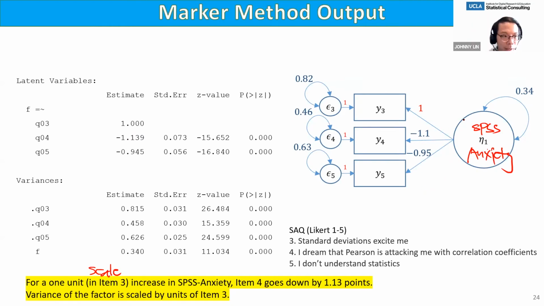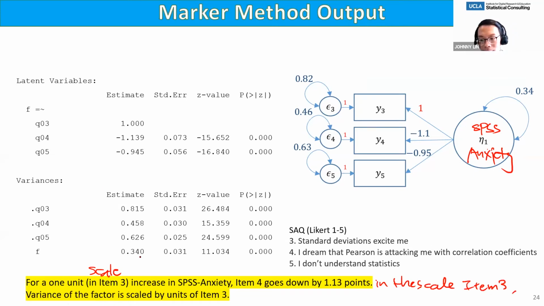For a 1 unit increase in the predictor, it leads to a blank unit increase in your outcome. So for a 1 unit increase in SPSS anxiety, item 4 goes down by 1.13 points. That's in the scale of item 3 though, okay? In the scale of item 3. So is it easy to interpret? Not necessarily.